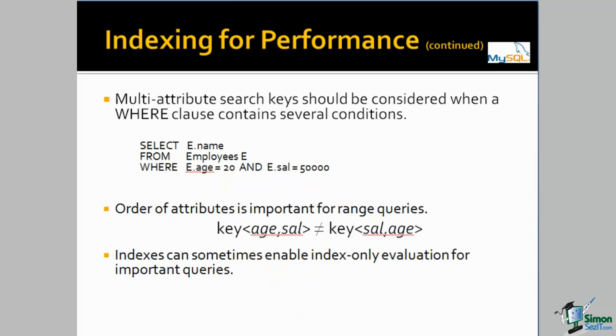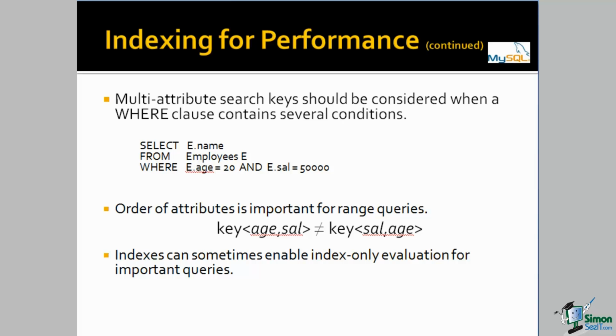If we have a query that has multiple conditions in the where clause, then we want to consider having all of the columns that are included in the where clause condition statements in a single index. But be careful, because the order of the columns within the index will determine whether or not the query optimizer will take advantage of that index.